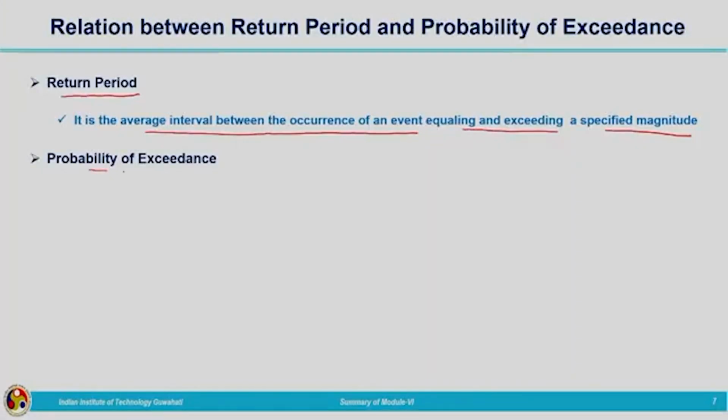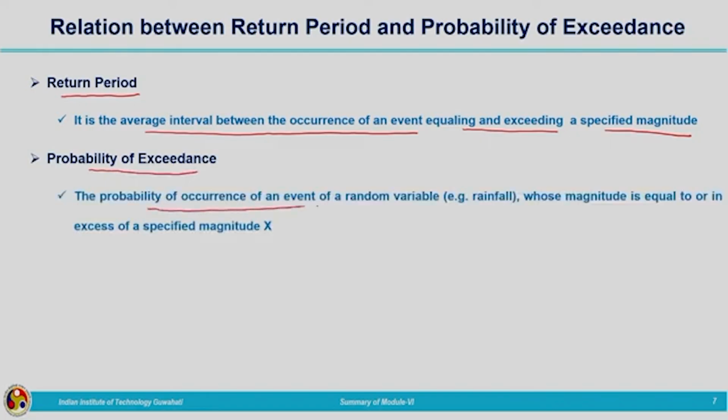And the corresponding probability is expressed in terms of probability of exceedance. The probability of occurrence of an event of a random variable, we considered the case of rainfall and streamflow, whose magnitude is equal to or in excess of a specified magnitude x. These two, return period and probability of exceedance, are interrelated.